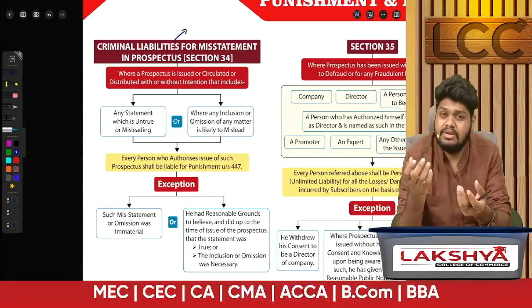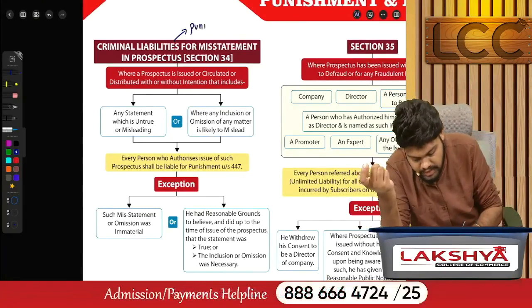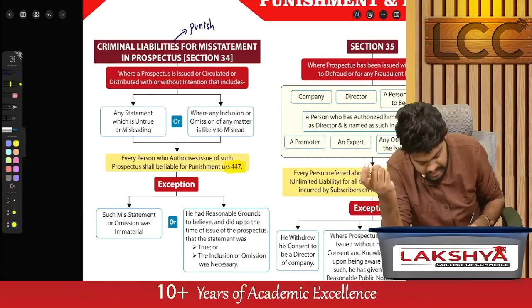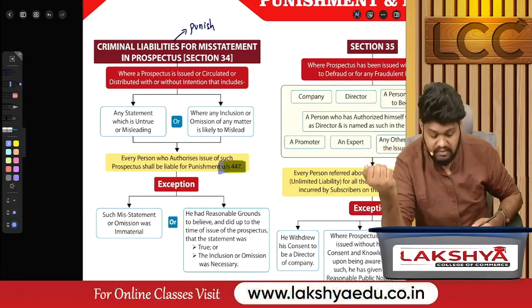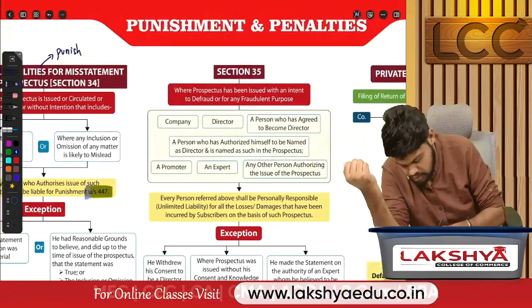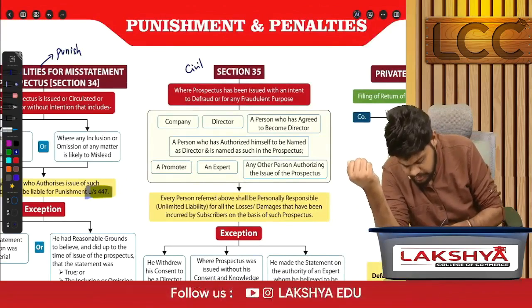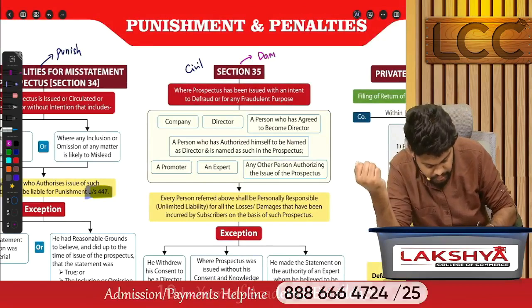So first, what is 34? 34 is thinking from the perspective of the person who has done a fraudulent activity. I want to punish the person. For punishing such a person, I will impose penalties and liabilities under section number 447. And section 35 talks about the civil liability of a person who has made a misstatement in the prospectus, which states that I will collect, not pay, damages.